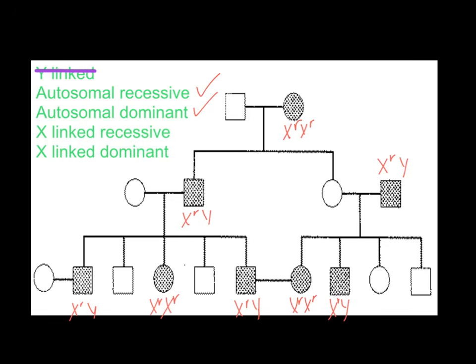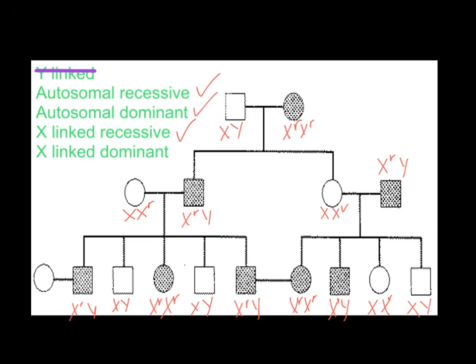Now we also know that to be unaffected, women must have at least one non-affected X chromosome, and men's one X can only be the normal X, not the affected X. So if we fill in the rest of these, what we notice is that X-linked recessive is completely plausible as a mode of inheritance on this pedigree.